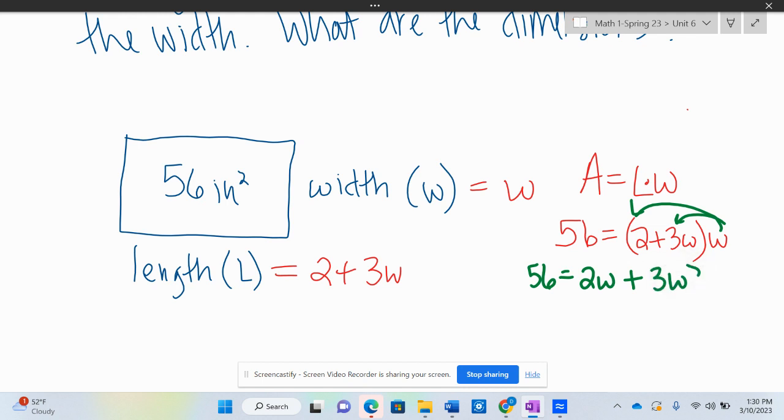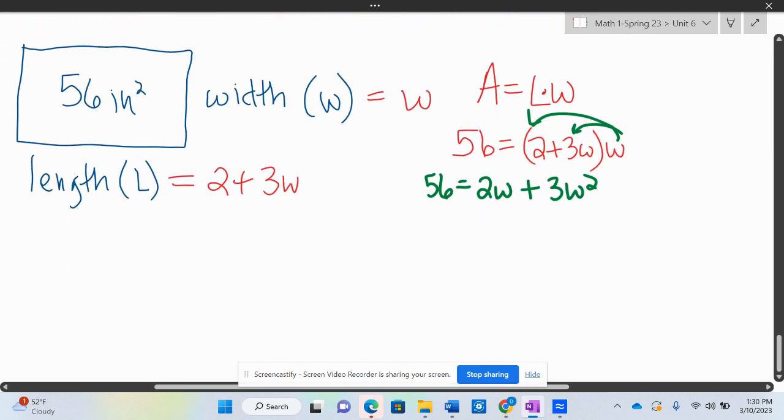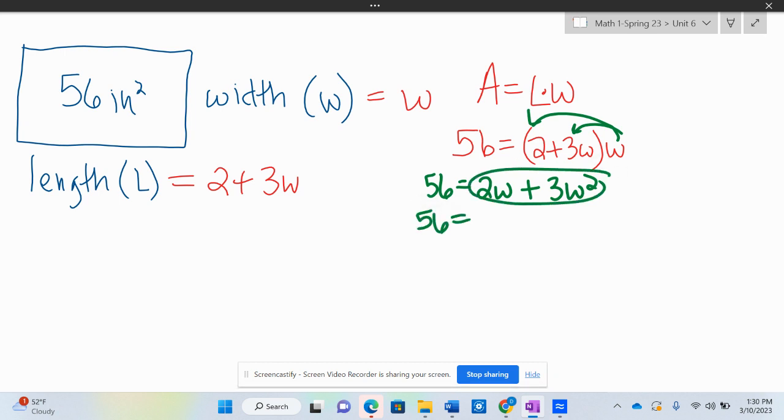Okay, so yesterday we learned that we could solve a quadratic equation if two things. Number one, it was written in standard form. And number two, it was set equal to 0. Okay, so let's do that. Let's write this in standard form and set it equal to 0. So the first thing that I'm going to do is fix this piece right over here. I'm going to put the 3W squared first plus 2W. So it's kind of in standard form.